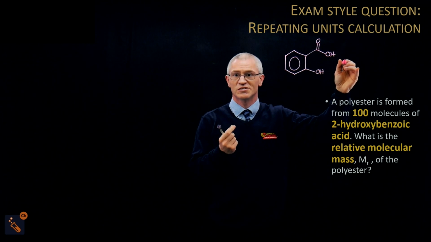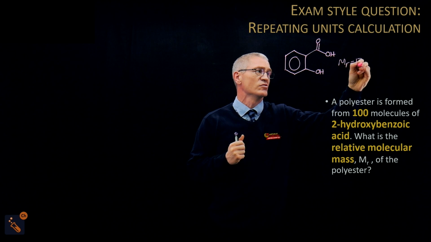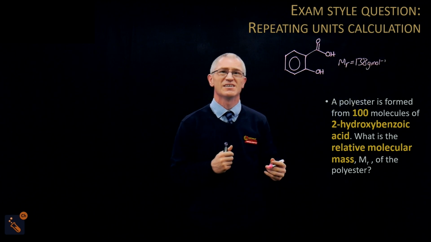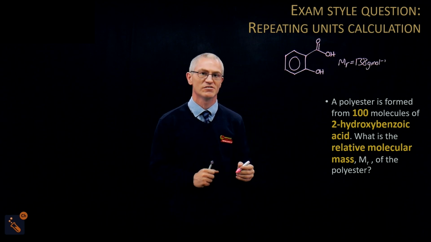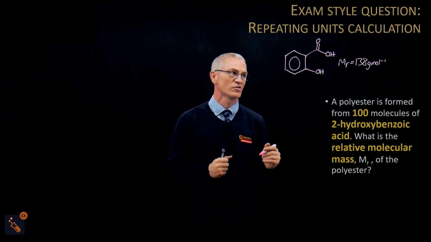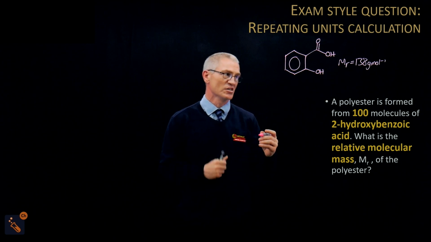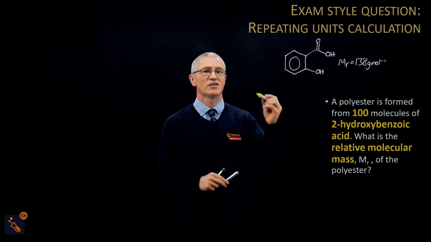You can work this out, please do work it out, but the molecular mass is 138. And one of the biggest errors that people make is they'll calculate that wrong because you're under some extreme time pressures. Totally understandable, but be careful when you're doing it. So that's 138.